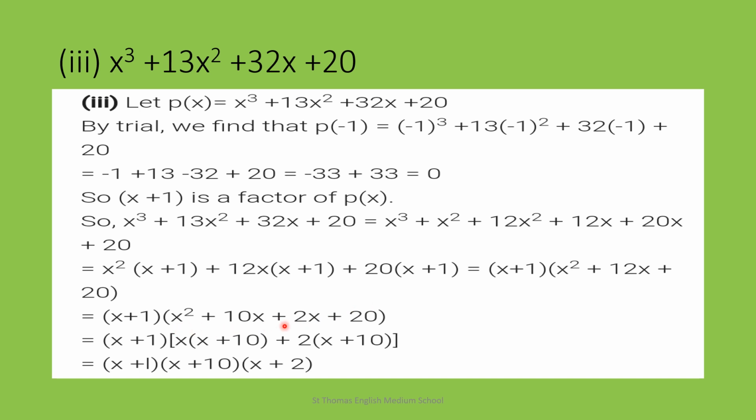From the first two terms x is common, so x multiplied by x plus 10. From the last two terms 2 is common, 2 multiplied by x plus 10. From the two terms x plus 10 is a common factor, so x plus 10 multiplied by x plus 2. So you got the three factors of the cubic polynomial as x plus 1, x plus 10 and x plus 2.